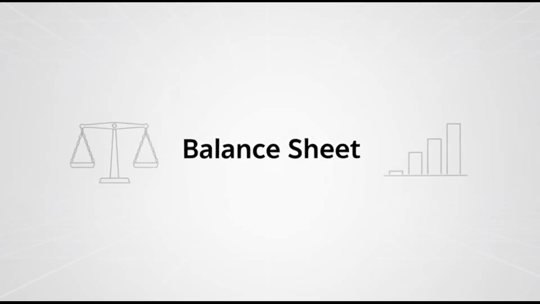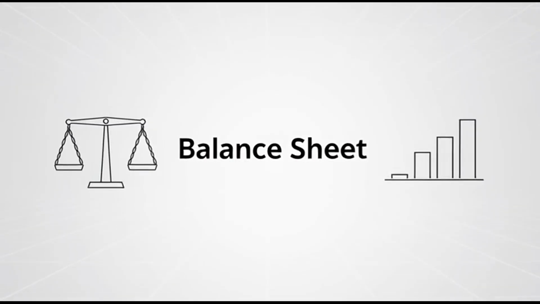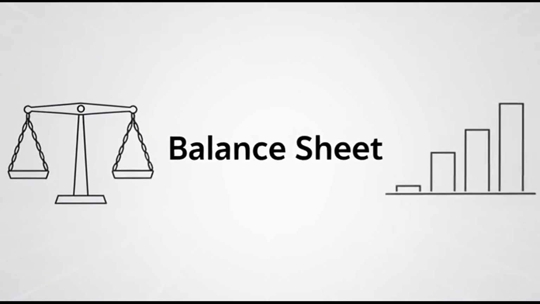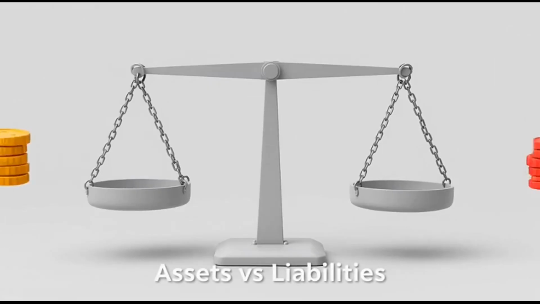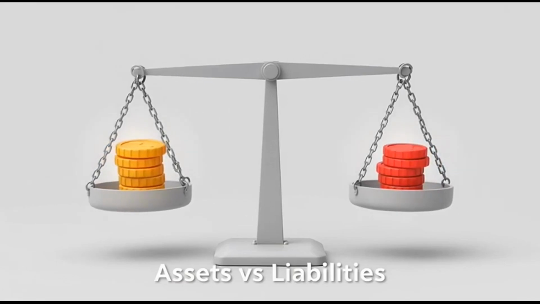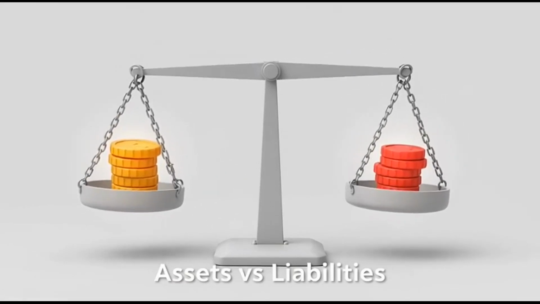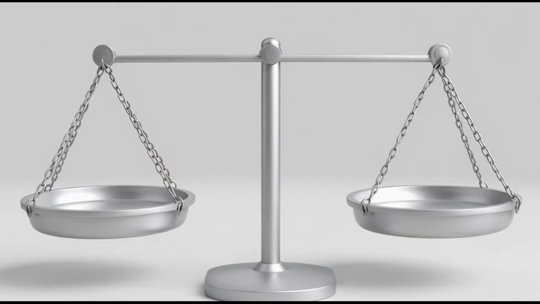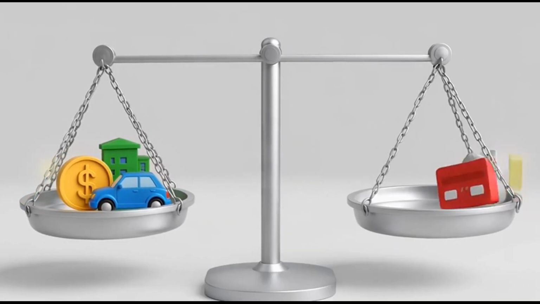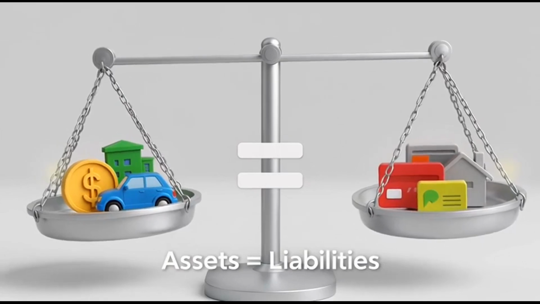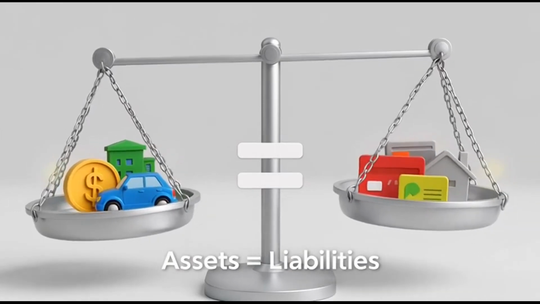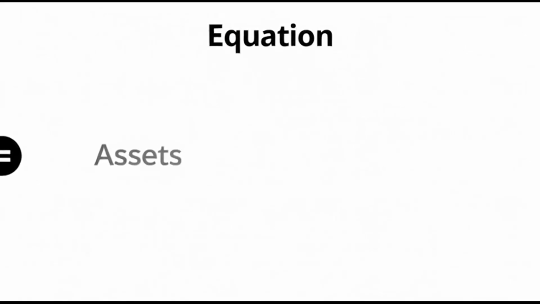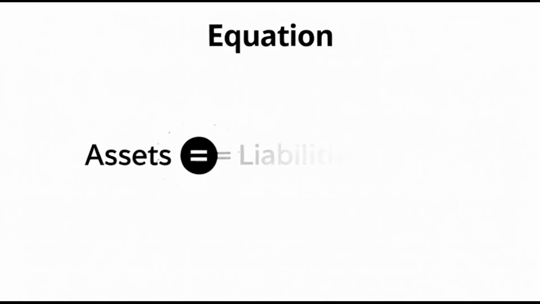Now let's understand the balance sheet. A balance sheet shows assets and liabilities. Both sides are always equal. This is the basic accounting equation.